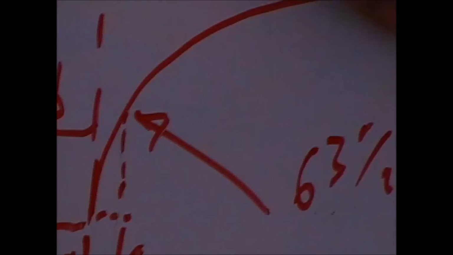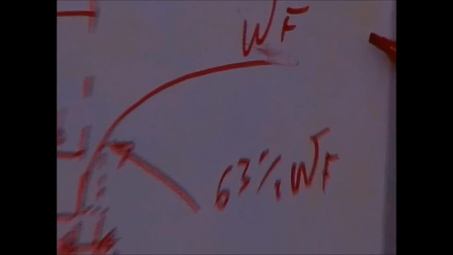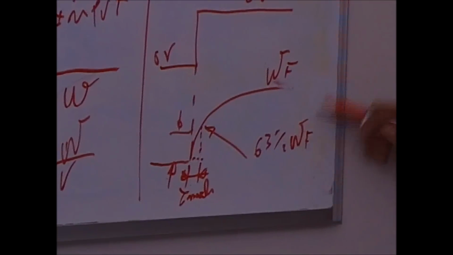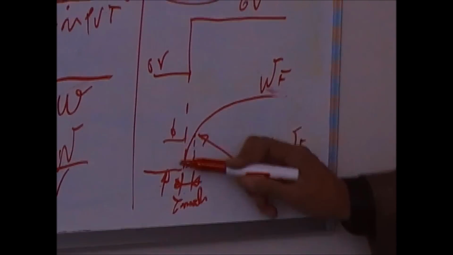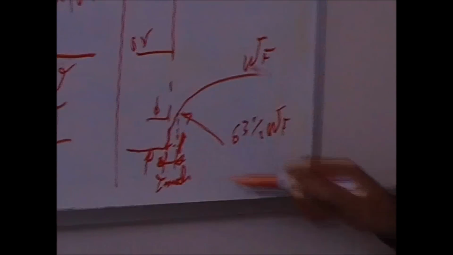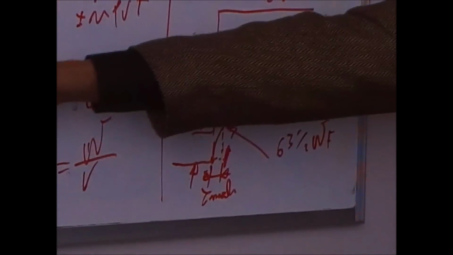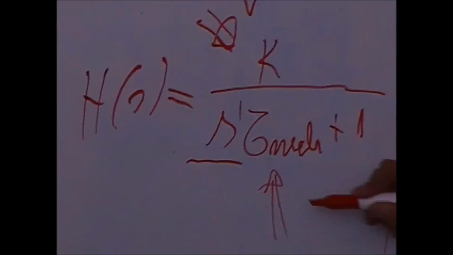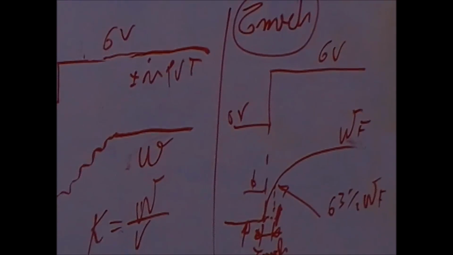So the only thing we need to do is to apply a voltage change, record the output in a graph, look at the 63% of the maximum value, and we know that the time from here to here is the tau mac that we're looking for. This process is called identification.